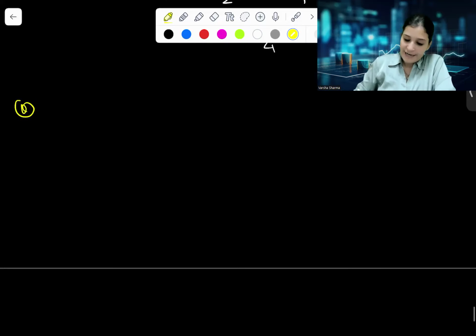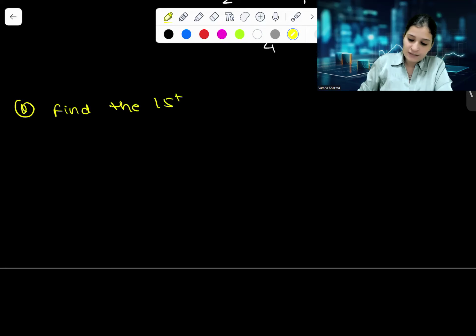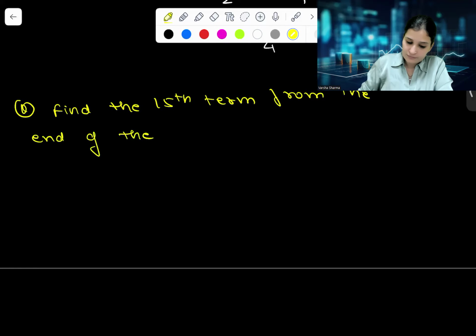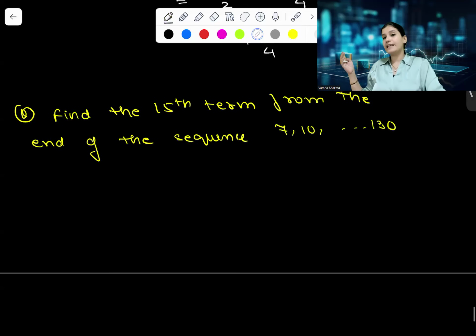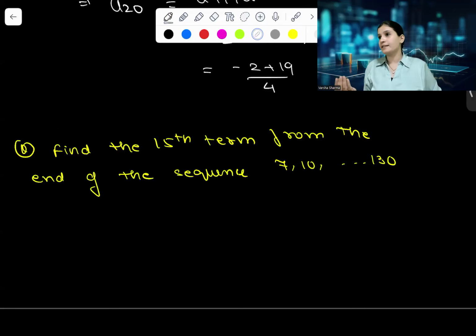Yes. So find the 15th term from the end of the sequence. 7, 10, 130. So from 130, I want to count and come to the 15th term, right?